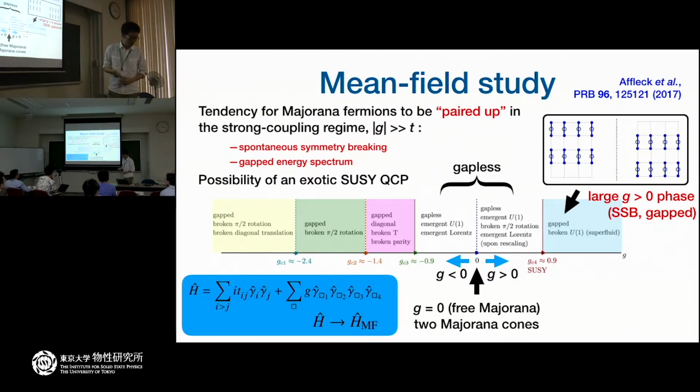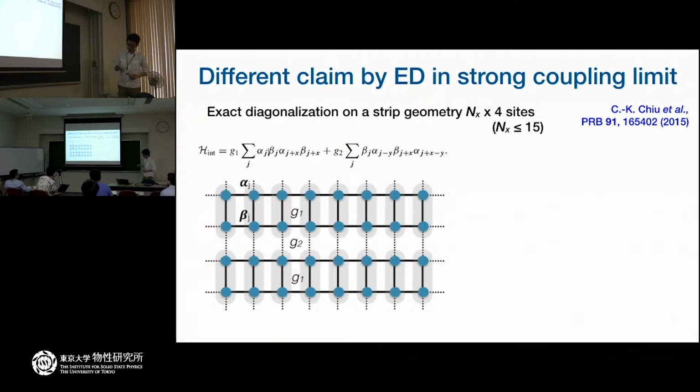But apparently, this innocent-looking conjecture from mean field theory was challenged by a numerical study based on ED. These authors performed exact diagonalization on a strip geometry with four modes in the vertical direction, and they could change the length of the strip up to 16 modes.